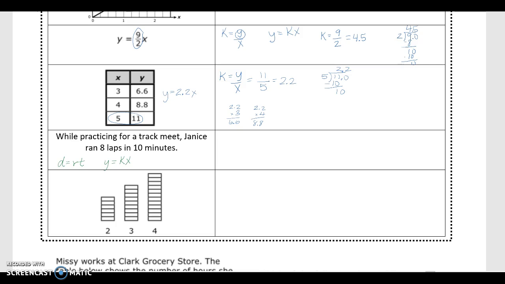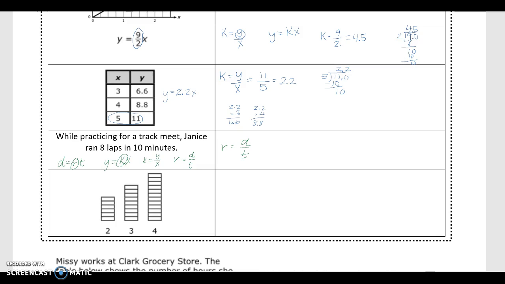To find the constant, I want to solve for r. If I know that k equals y over x, then I know that r in place of k equals d over t. So rate is distance divided by time.